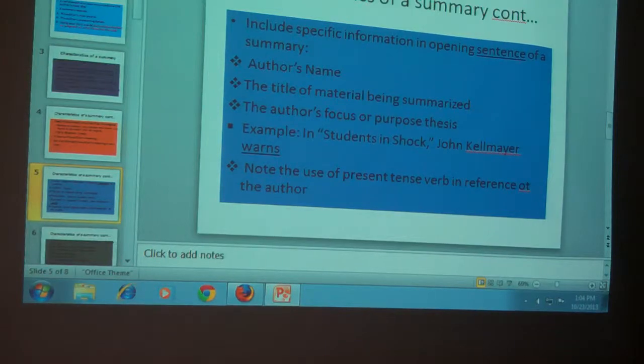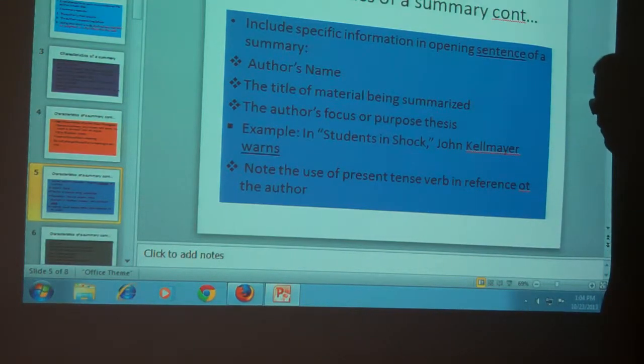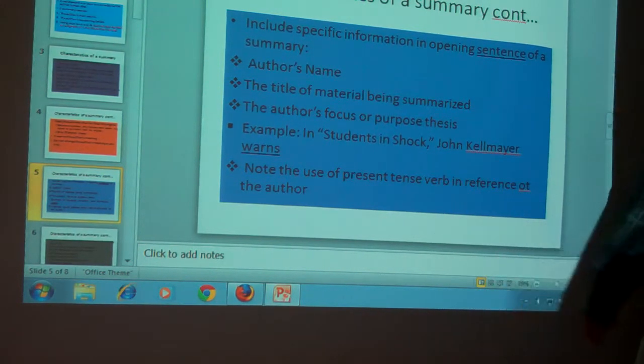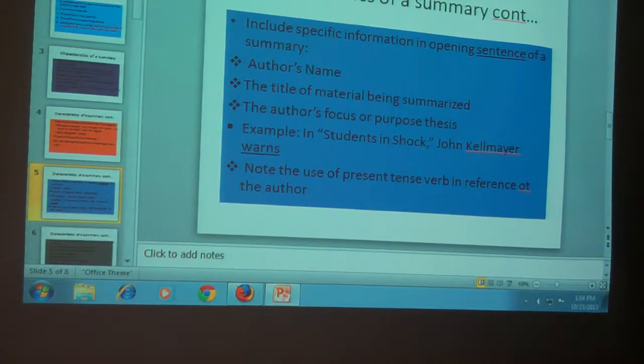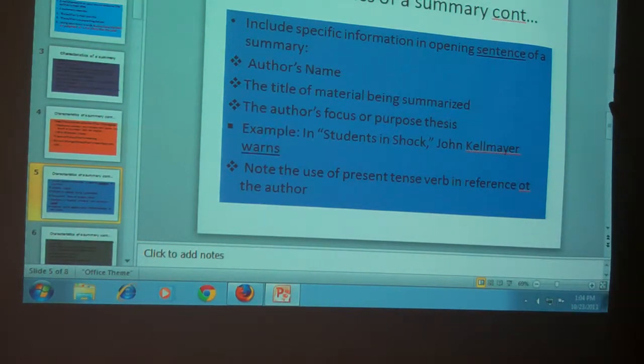But the example that's on your slide says, in Students in Shock, being the title of the piece, John Kellmeyer warns, and please note that warns in the slide is underlined because that is a present tense verb in reference to the article. I'm chuckling a little bit because I see a little typo that I've made in preparing the slide.